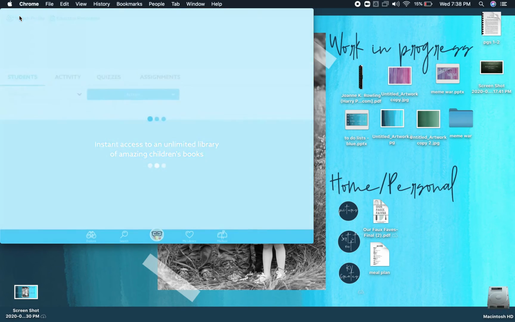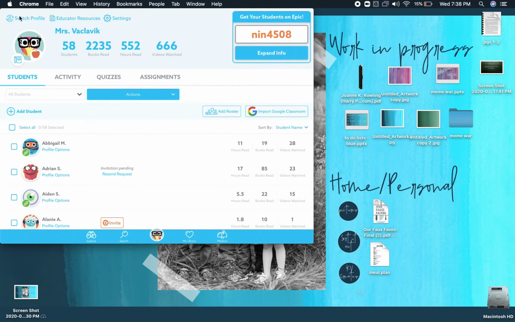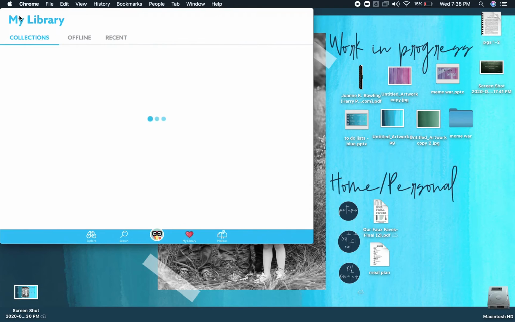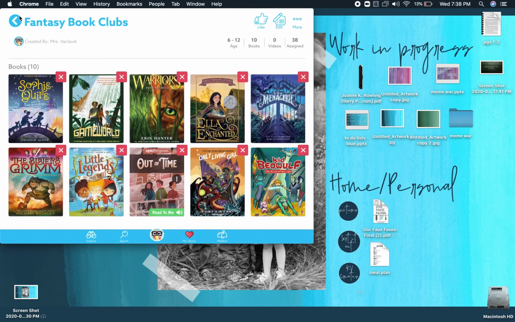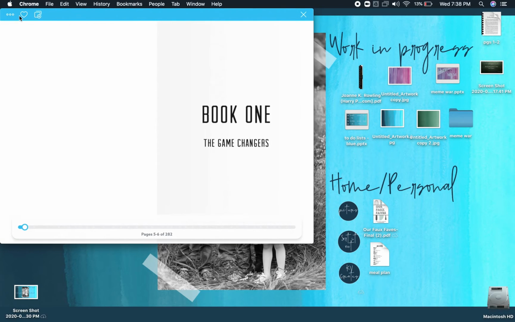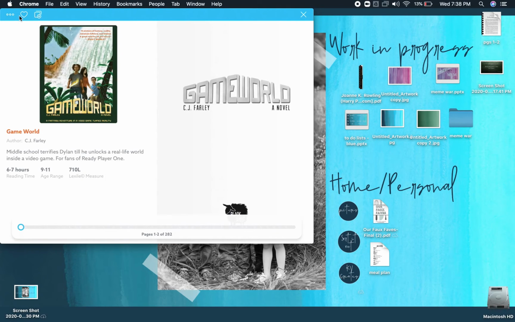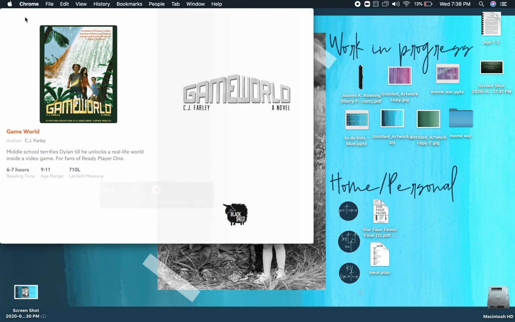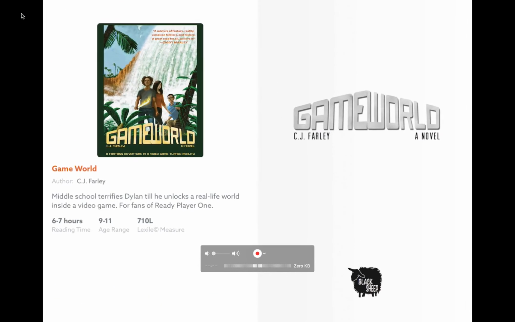Okay. So when you get into Epic, you will see in your library or in your mailbox that I have sent you this collection, your fantasy book clubs, and you're choosing which one of these books you want to read. So let's say I wanted to read Game World. Remember, the first thing we want to do is look at the blurb. So the blurb on Epic Books is right here, right?